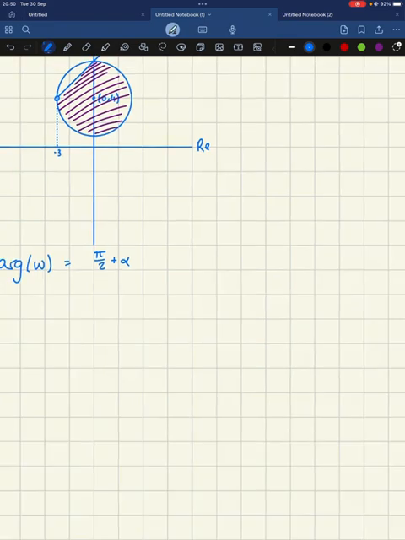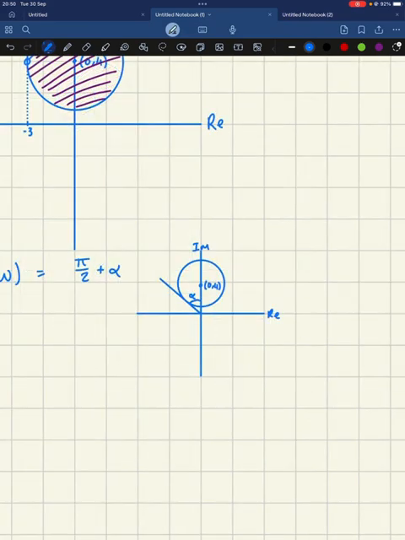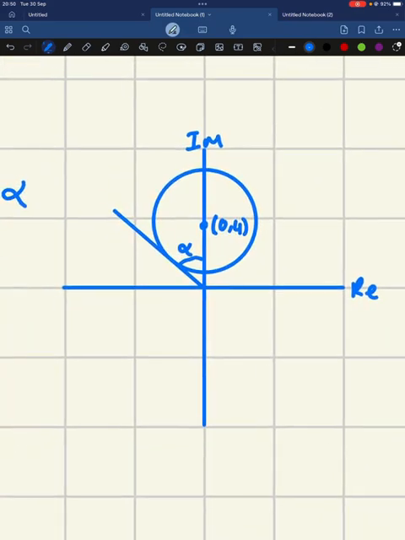And I guess we should have some indication of what alpha is. So if we just quickly sketch that again, this angle over here will be alpha. Now, what do you think we notice? We know that the radius of this circle is 3, so this is 3. This is a tangent, so we know that this is a right angle, and we know that this length is 4.